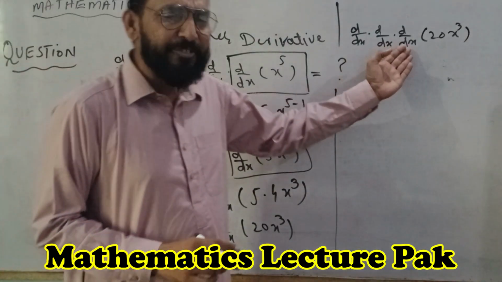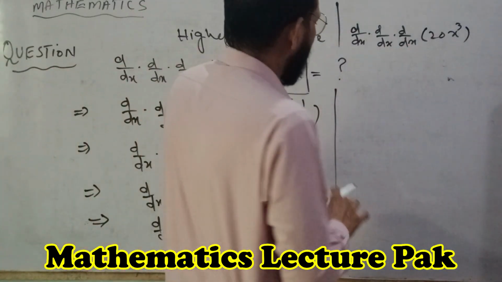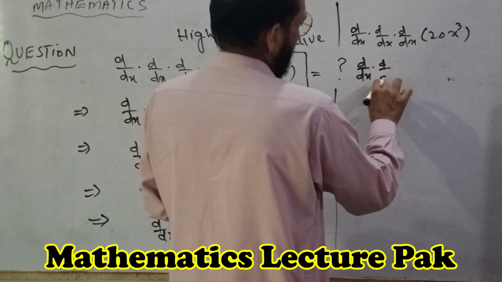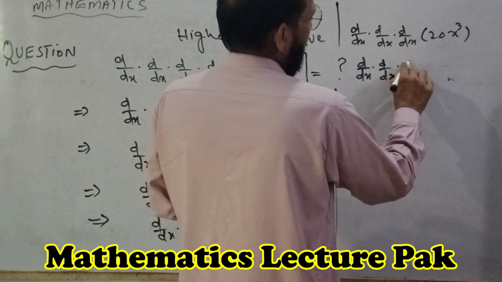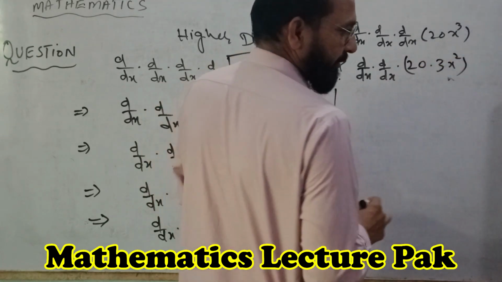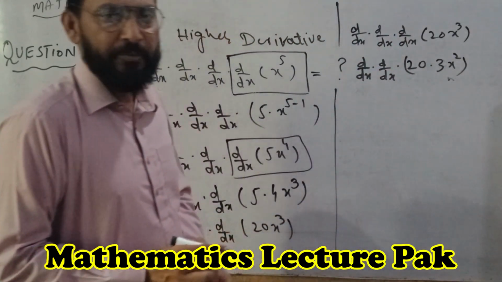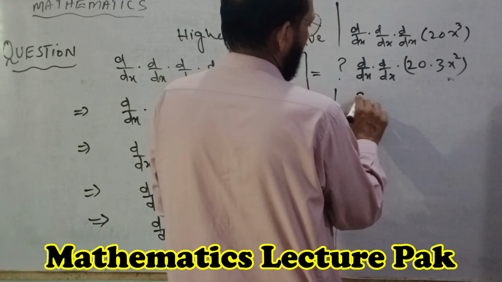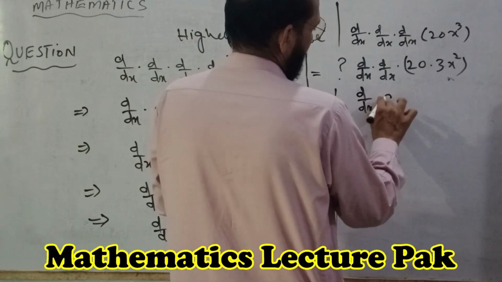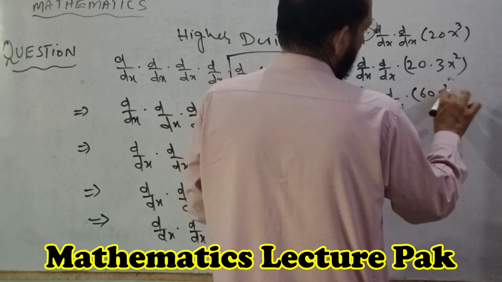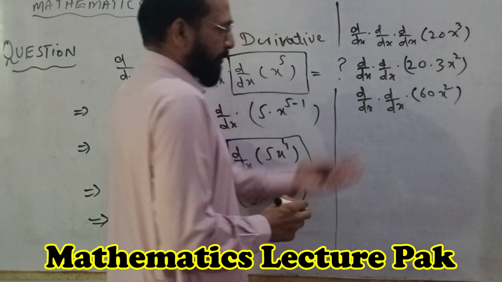Now we have to apply this derivative. 3 is the power, we can write as first, and negative 1 decrease from the power 3, okay, which is using the formula of the derivative. You know that after simplification we have this, okay.